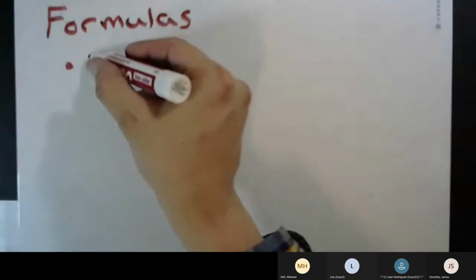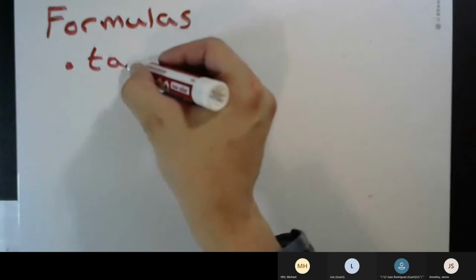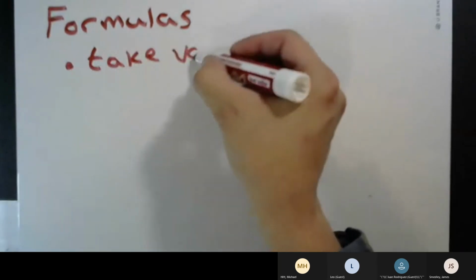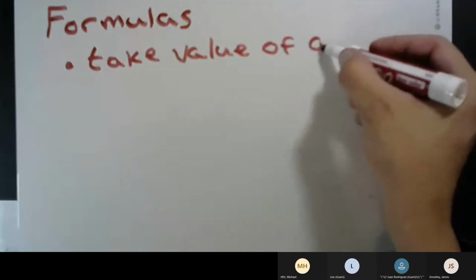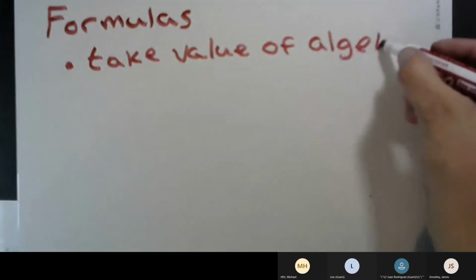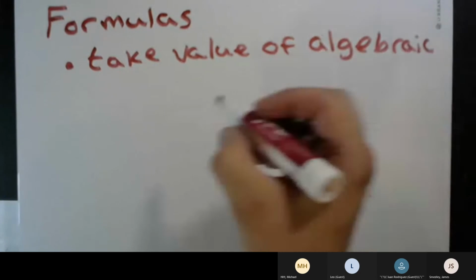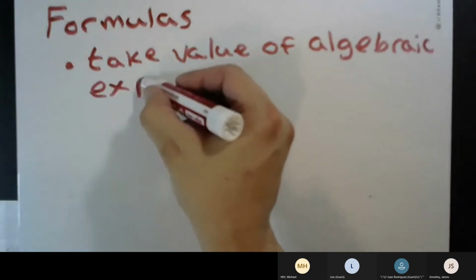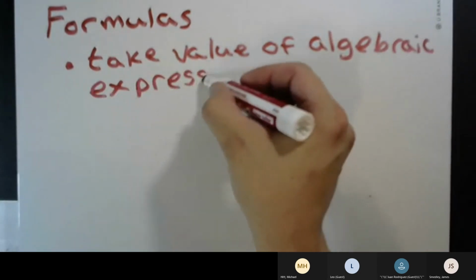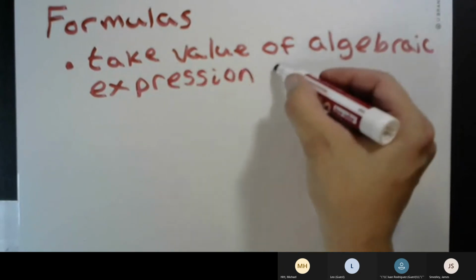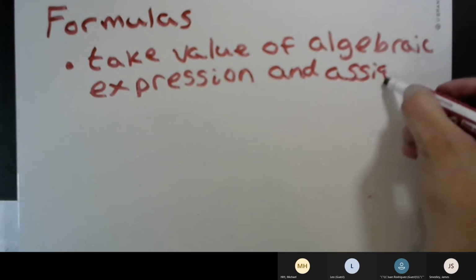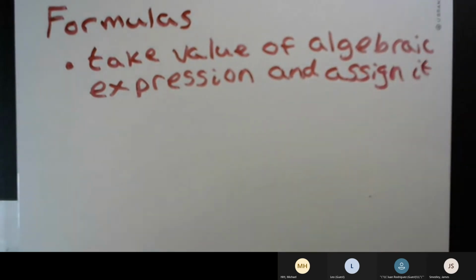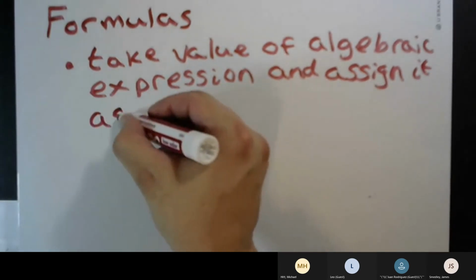And what we do with the formula is we take the value of an algebraic expression and assign it, or just give it, as the value of another variable.